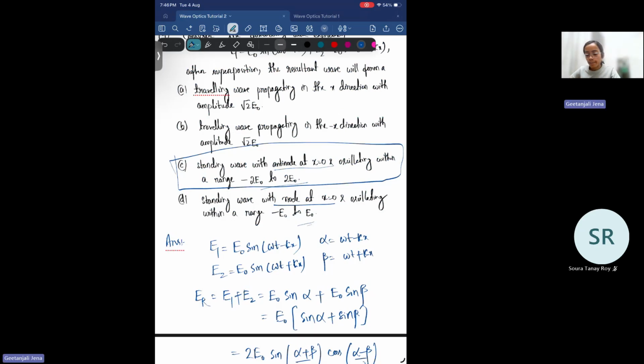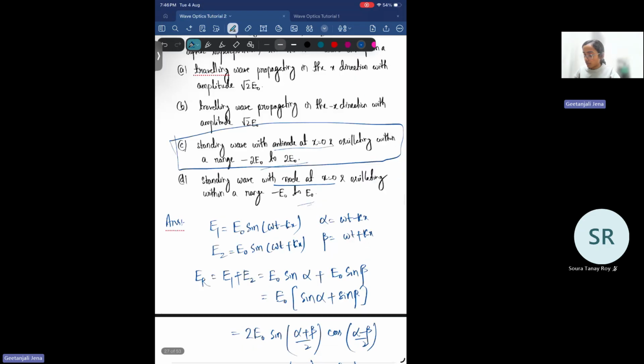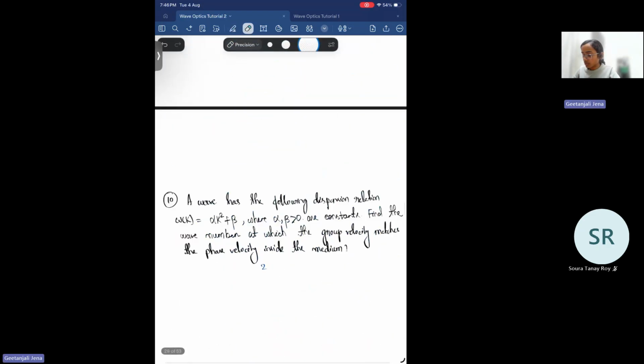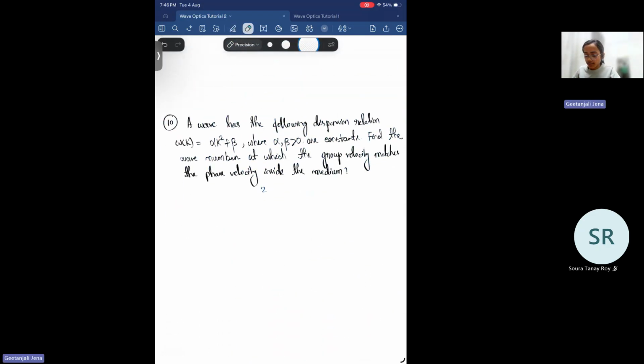So is this clear? Okay, so let us move to the next problem. Question number 10. It's quite easy.